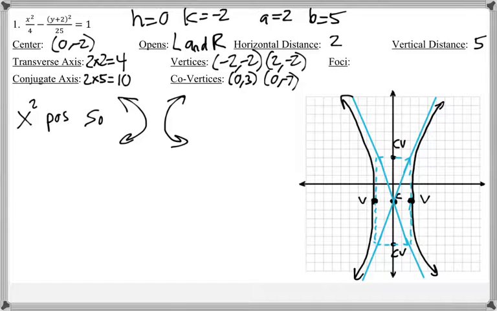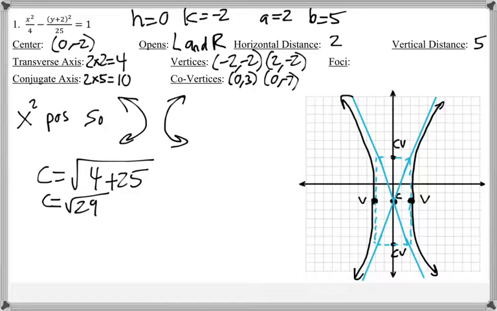So then lastly, I just need to figure out my foci. So c is equal to the square root of 4 plus 25, or the square root of 29.